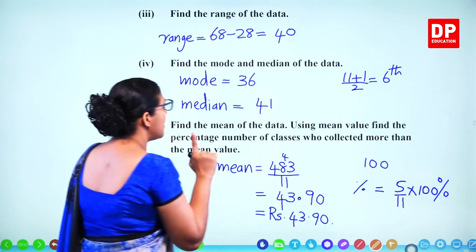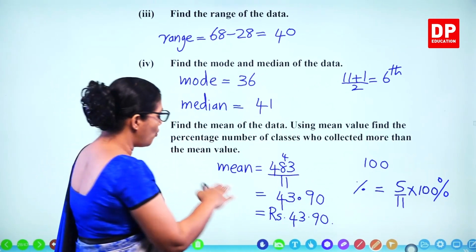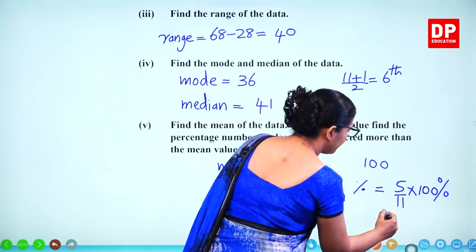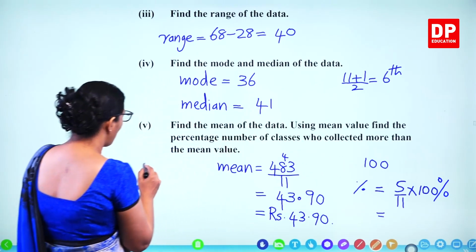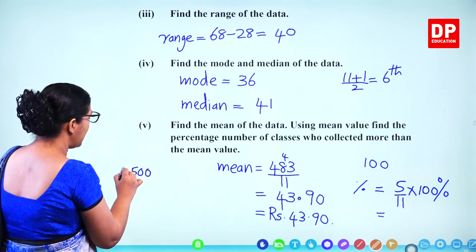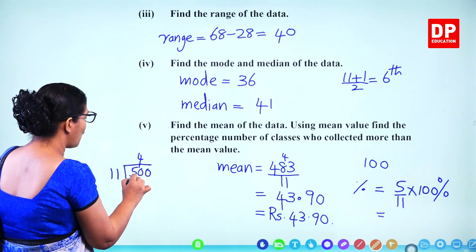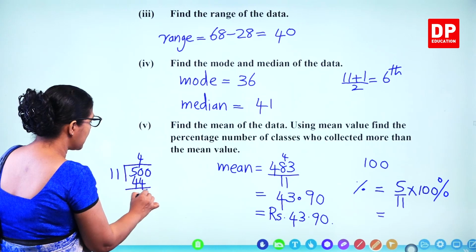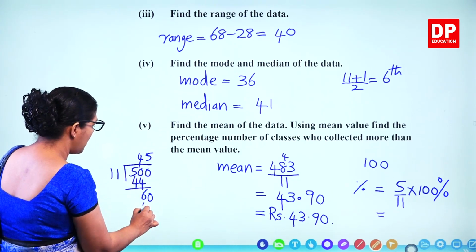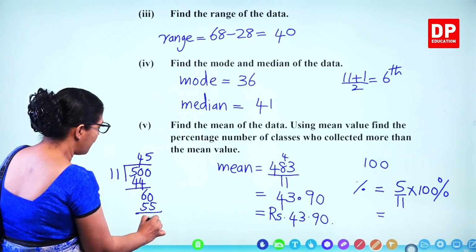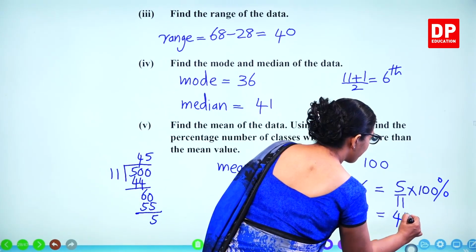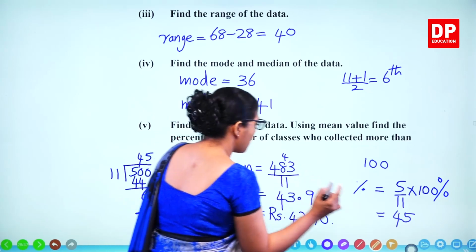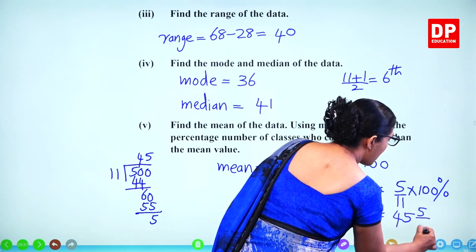Because it says more than the mean value, more than 43.9. So you get 500 divided by 11. So what's roughly 500 divided by 11? 11 times 4, 44. For 60, that's 5, 55 and 5 remaining. So you can write down 45 and then 5 remaining out of 11.